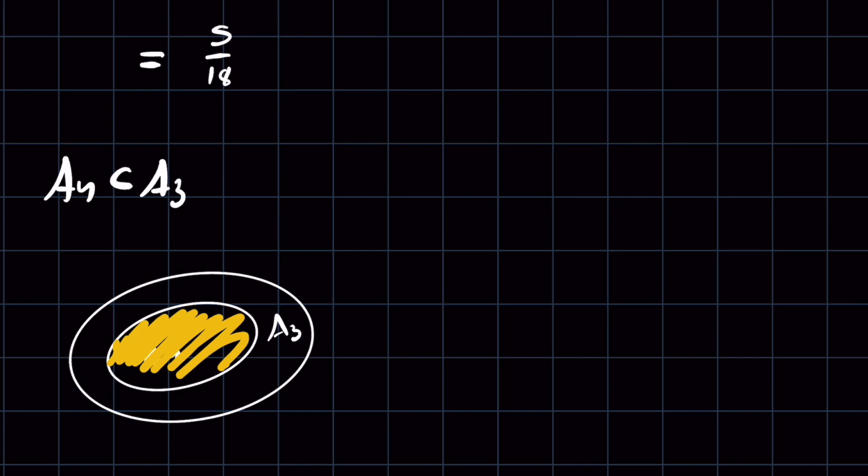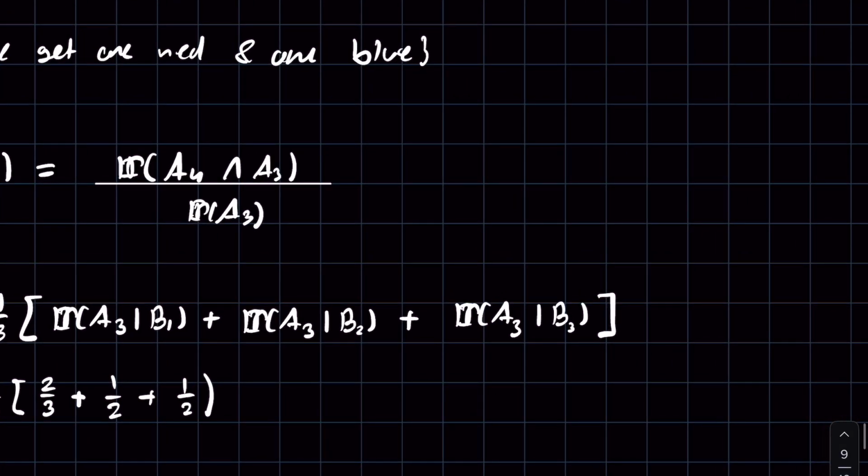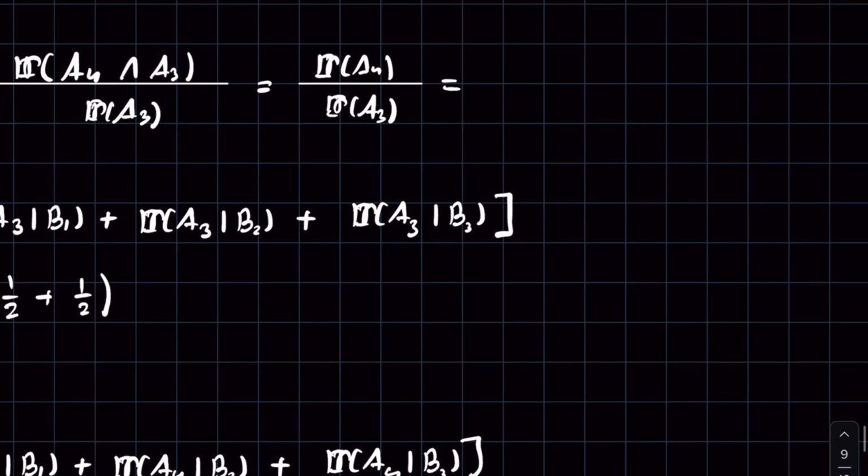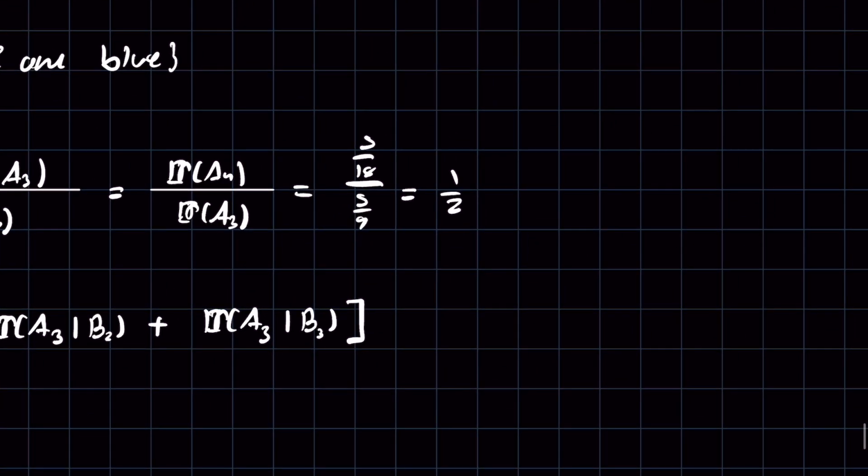Meaning it's basically A4. So now if we go back to this, this is going to be A4 over PA3. And at the end, we just have to do 5/18 over 5/9, which is equal to 1/2. And this is the solution.